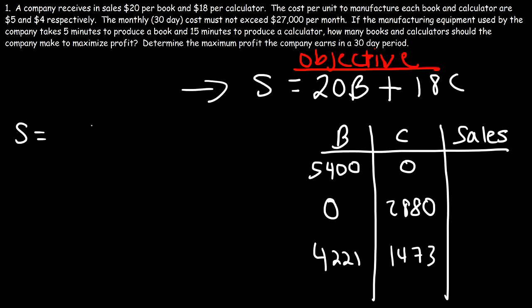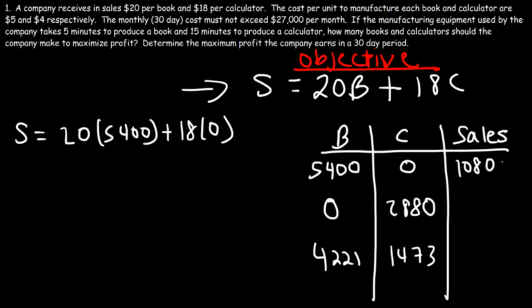So let's start with the first one. It's going to be 20 times B and then plus 18 times 0. So 20 times 5,400. That's $108,000 per month. Now, let's focus on the second point.